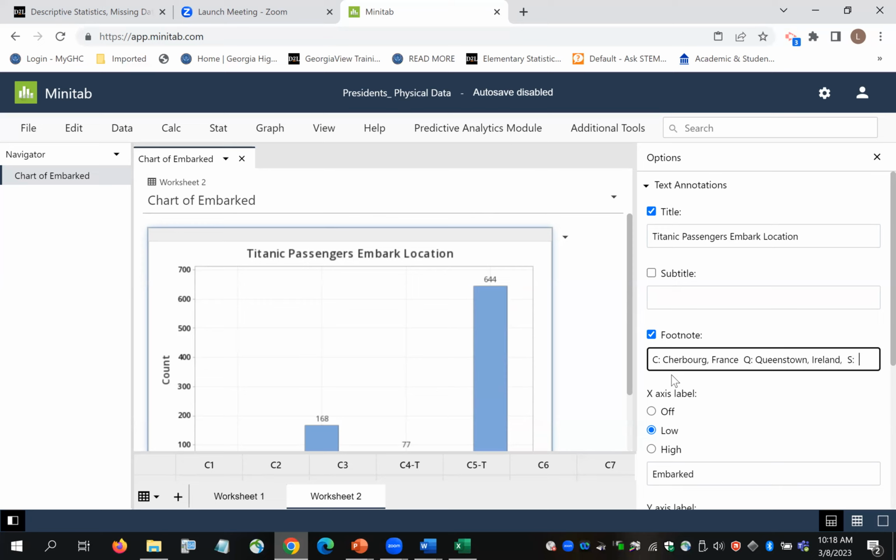And S is Southampton, England. So since it's a coding, I might want to include that as a footnote. There are two that are unlabeled, and so those were missing. So we might say no label was missing data.